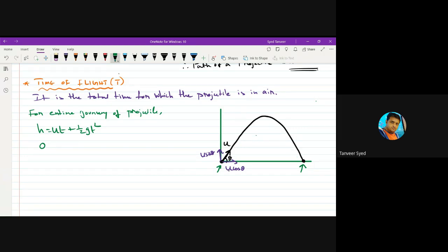What does h mean in this equation? Displacement. Which direction? Vertical direction. H is displacement in the vertical direction. How much is it? 0 or not?